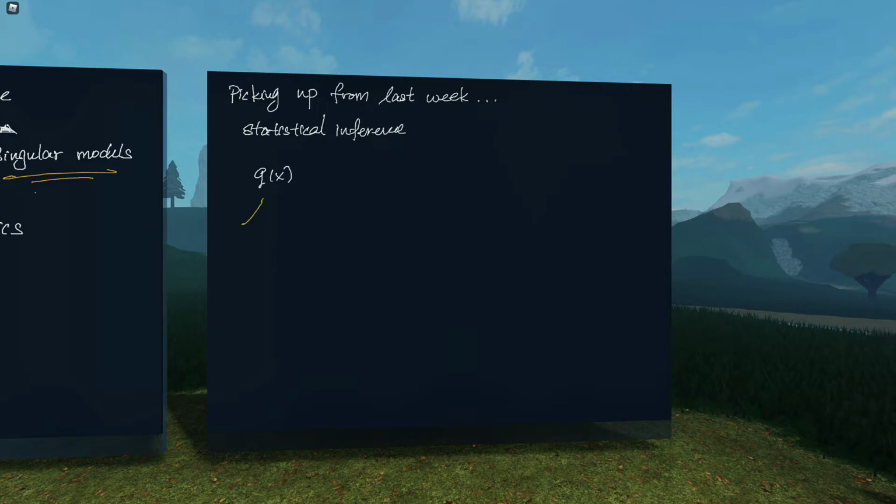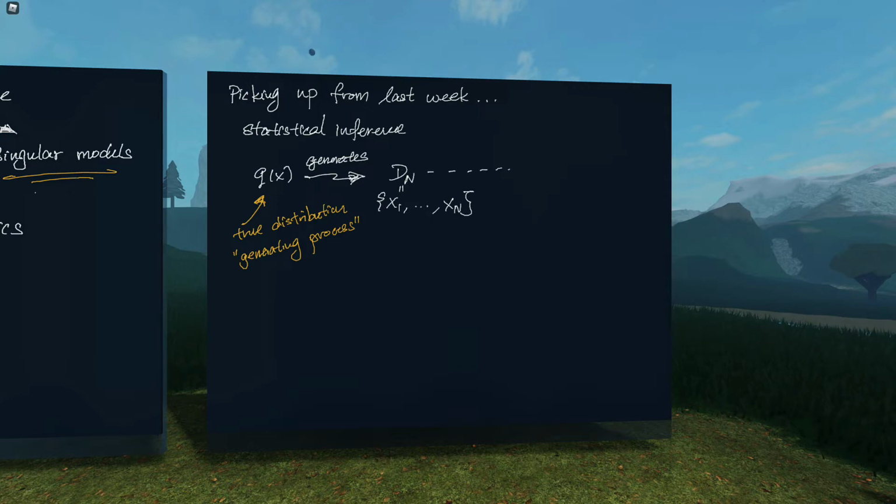So we have what we call the true distribution, or sometimes known as the generating process. It generates a bunch of observations, which collectively we will call the data set.